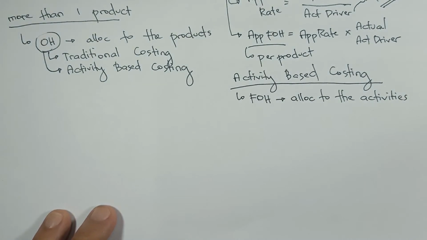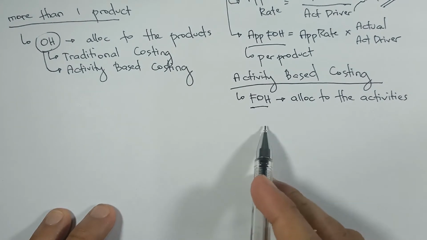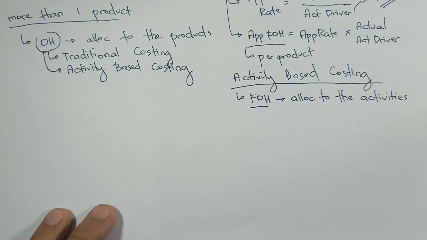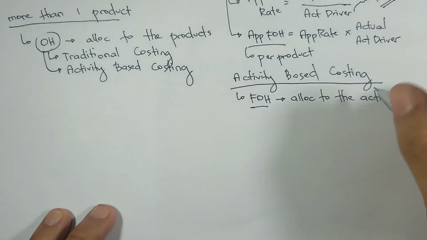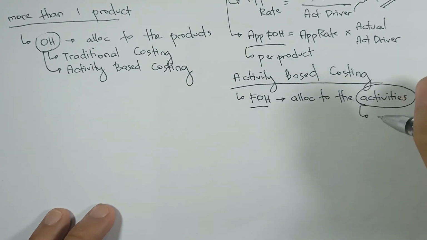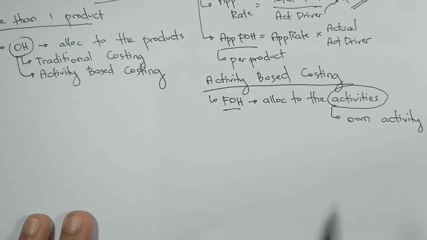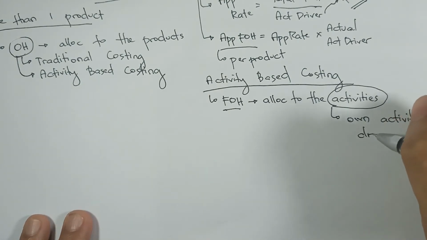Ibig sabihin, if we have 3 activities, etong factory overhead na to, i-allocate mo doon sa 3 activities na yon. Maliwanag ba? And then apparently, each activity will have their own activity driver. Once again, each activity, after allocating the overhead to those activities, will have their own activity driver.